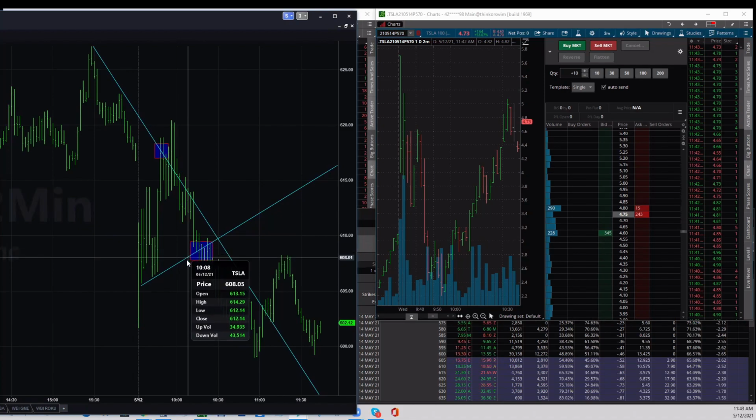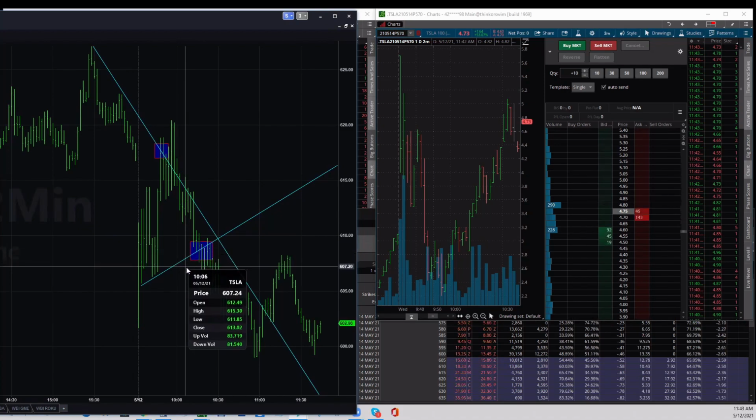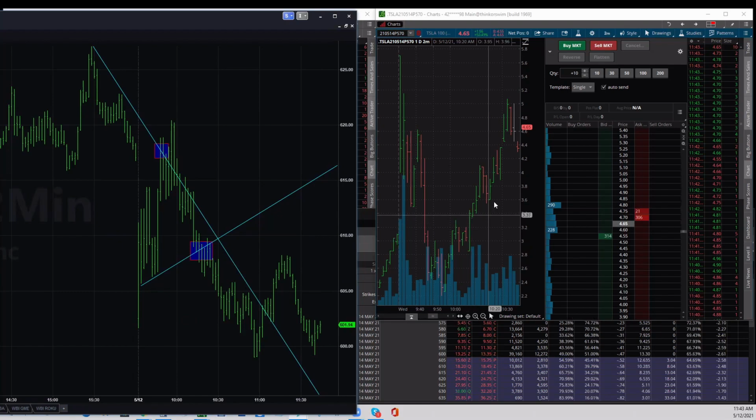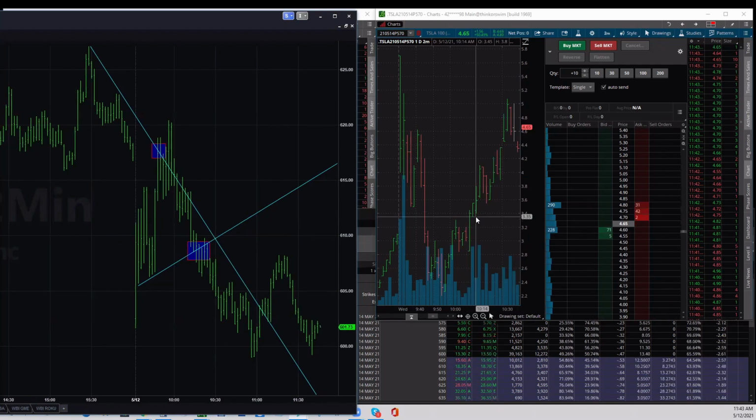It went from 609 to 606, almost. It was about 607. So it was a $2 drop. That particular $2 drop, in one bar on Tesla, made it all the way up here to 4.10.